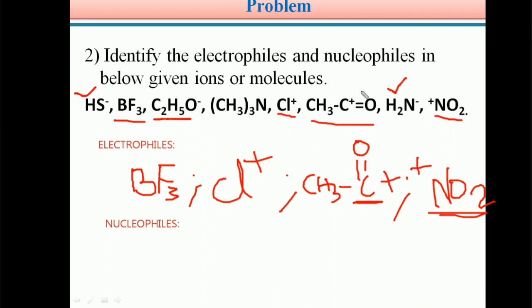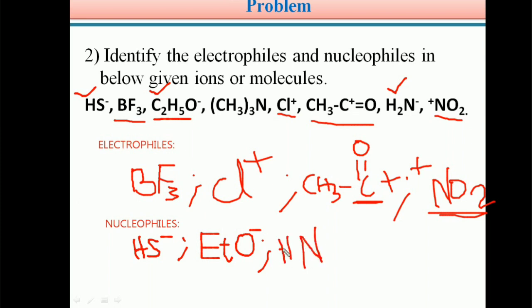These three are the negatively charged species. Next, C2H5O minus, which we can write as EtO minus, OEt minus. Similarly, NH2 minus, the amide anion.